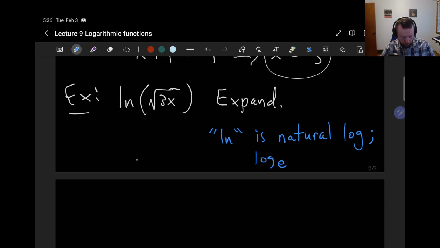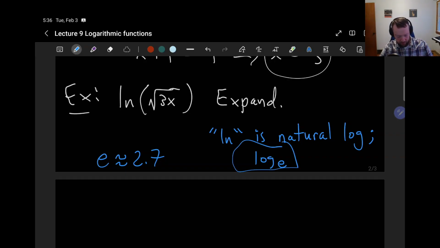E is a number. Like pi, it's an irrational number, which means the decimal goes on forever without repeating patterns, but it's roughly 2.7. So when we write this e, that's a number.